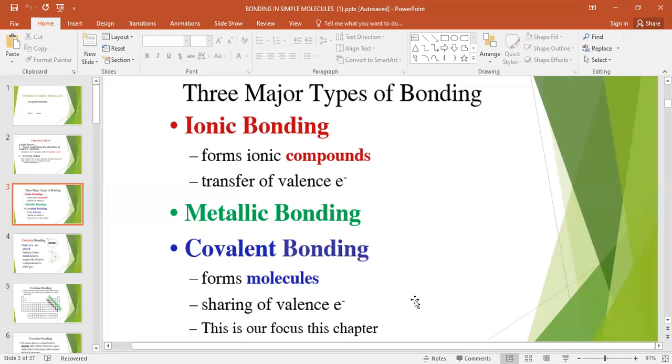And nitrogen, N triple bond N: nitrogen is going to share three electrons in its outer shell, so we get triple covalent bonding. Single, double, triple depends upon the number of electrons. Here it is written sharing of valence electrons. What do you mean by valence? Sharing of valence electrons.